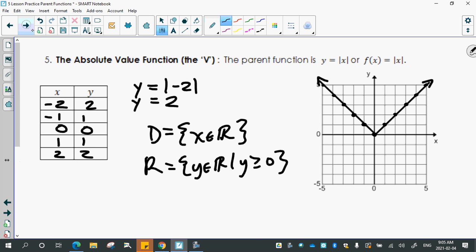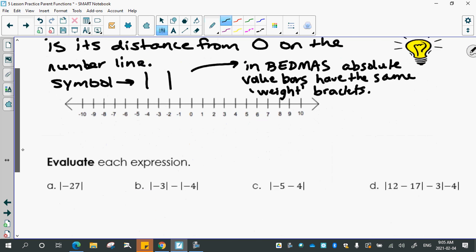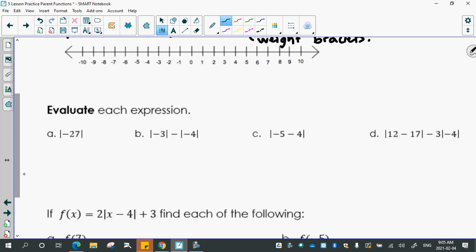Great, we'll do a few absolute value calculations now. Evaluate each expression. So the absolute value of -27 would be the distance from -27 to 0 on the number line, so 27.